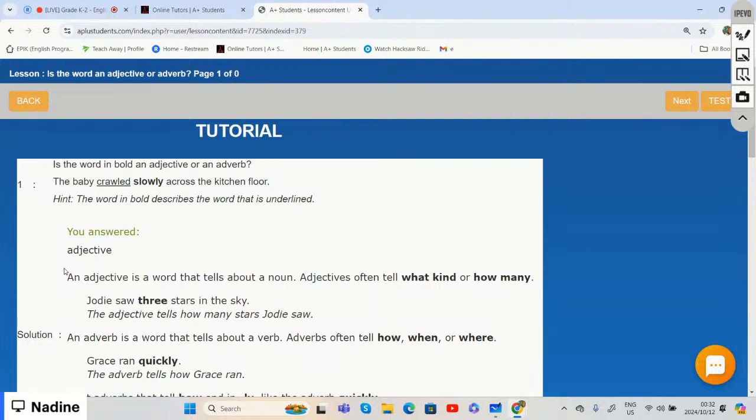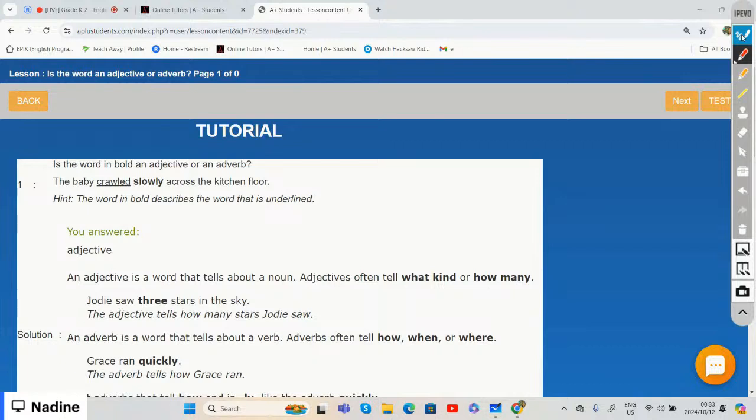We need to say if the word slowly is an adverb or an adjective. It says the baby crawled.